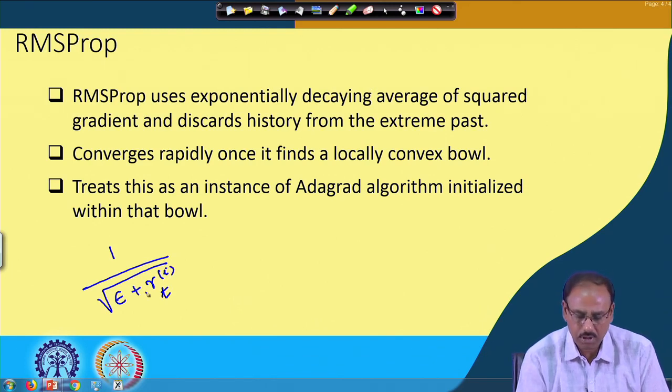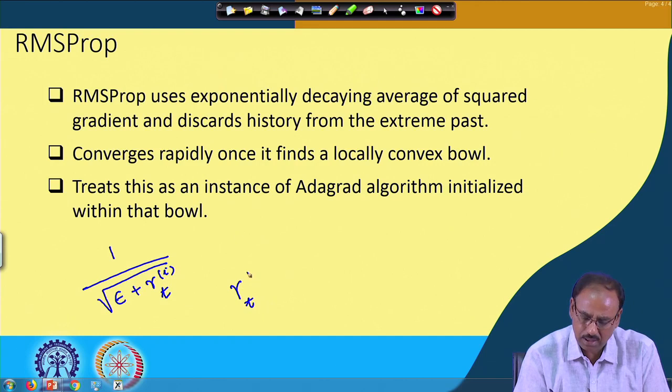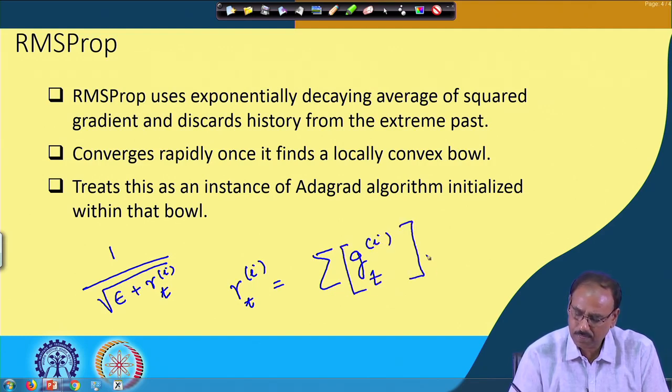So if you go component-wise, this R_t,i is nothing but the sum of g_tau,i squared, where you take the summation for tau equal to 1 to t.